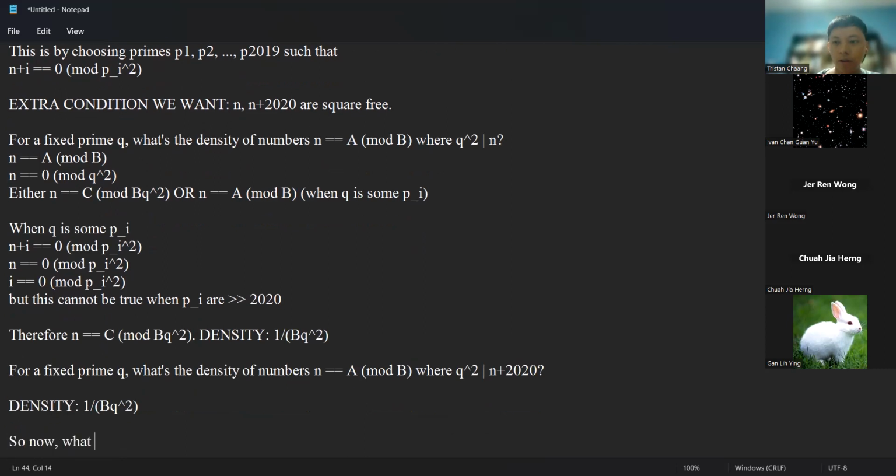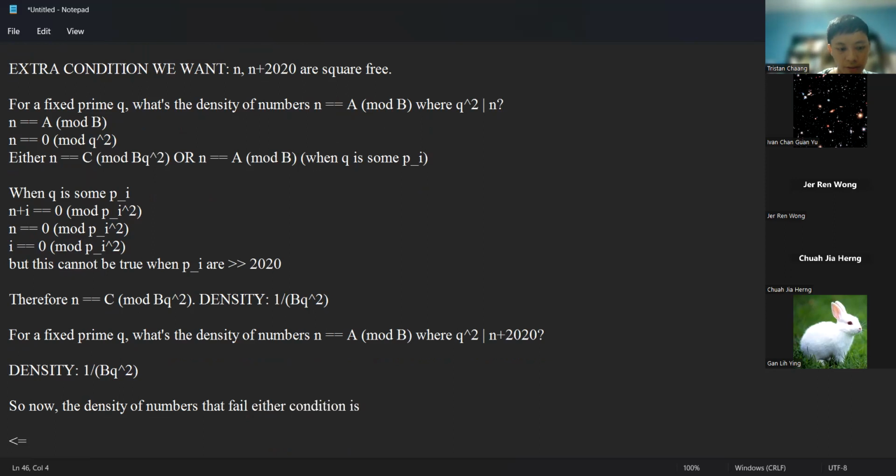So now the density of numbers that fail either condition is at most 1 over BQ squared plus 1 over BQ squared, because there are two cases there, over 1 over B, because we're looking at a case where n is some fixed number mod B. And we're going to sum it up over all primes Q. But this thing is less than 1 by the lemma just now. So we are done.